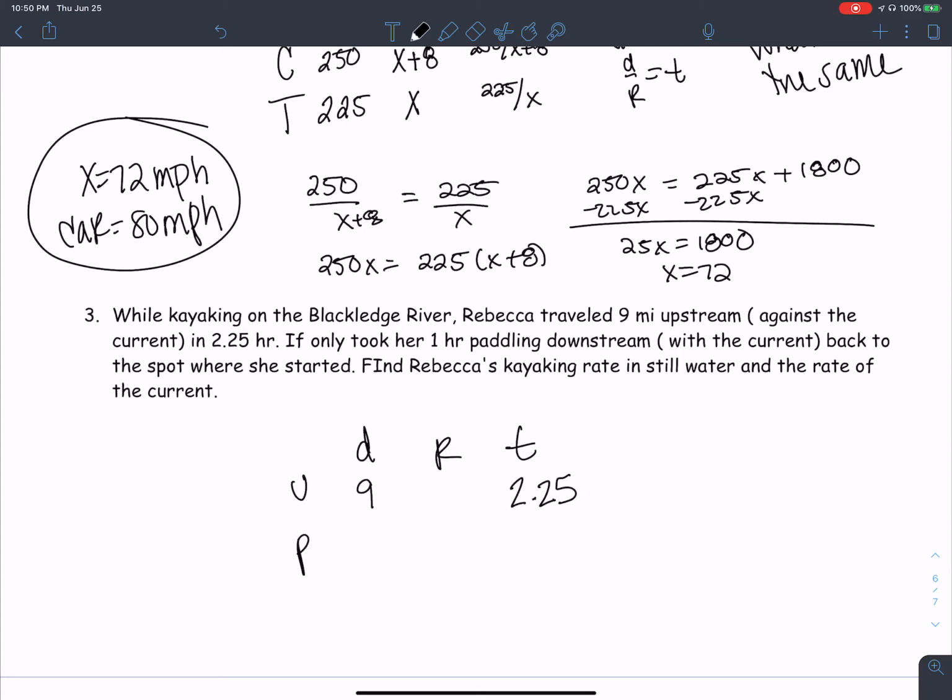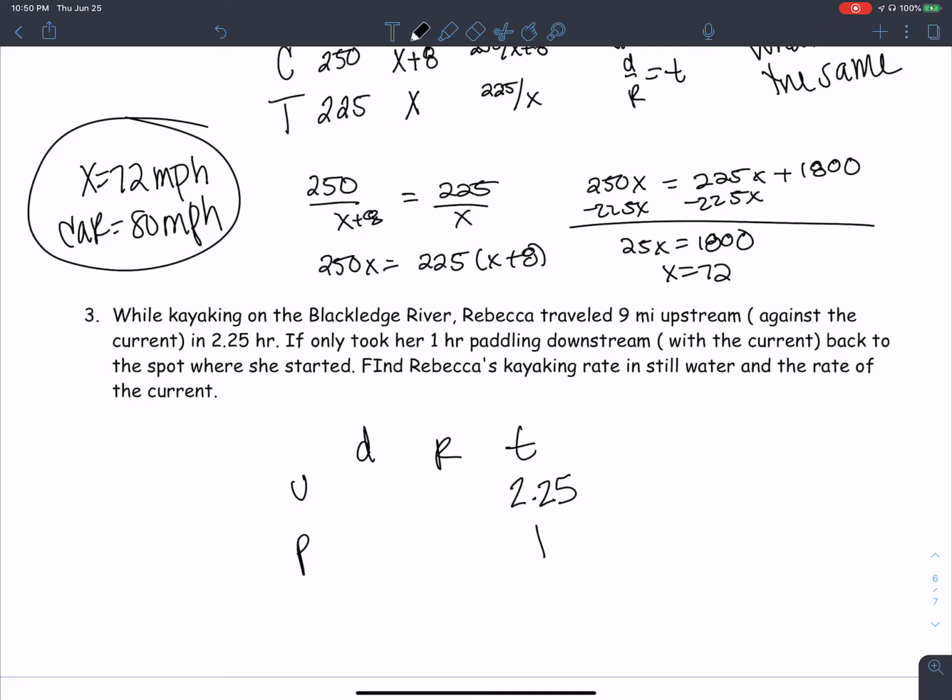If it only took her 1 hour paddling downstream back to the spot where she started, find Rebecca's kayaking rate. Okay, so the one thing that's the same is the 9, right? So that's actually what we're going to keep blank, okay? Distance is going to stay blank. So we want to find the rate, okay?